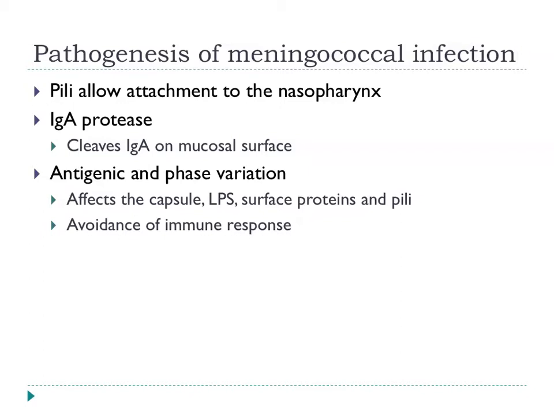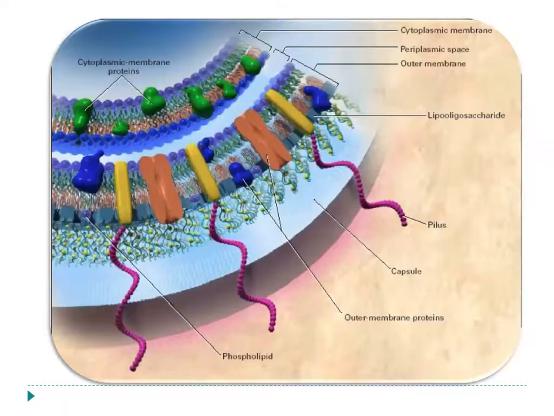It can undergo what we call antigenic and phase variation. So it can change the surface structures that are seen by the immune system in a very dynamic way. This involves the capsule, LPS, surface proteins, and pili, and it allows the organism to avoid the immune response. So you start making an immune response to one surface determinant, and it switches to having another one.